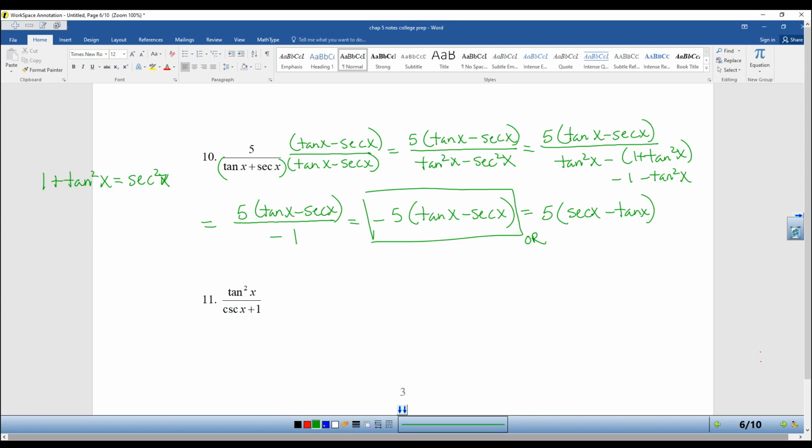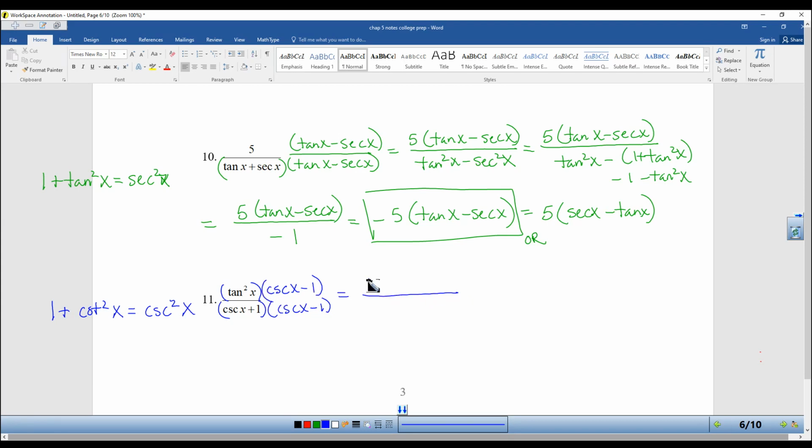So next one, I see a cosecant and I see a 1, but hopefully you remember that the rule is 1 plus cotangent squared is cosecant squared. It doesn't work if it's not squared. But I can fix that by multiplying by the conjugate, which is cosecant of x minus 1.